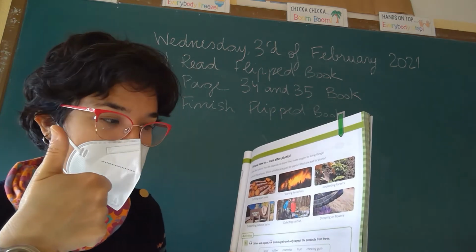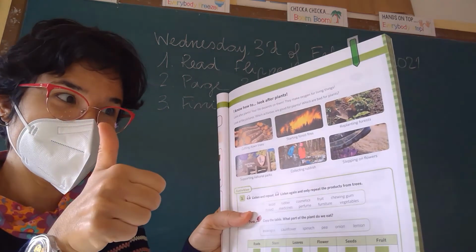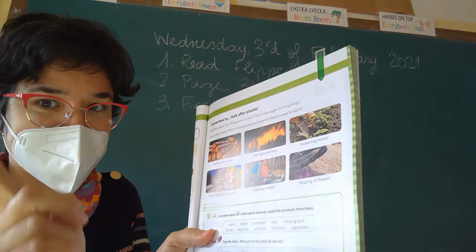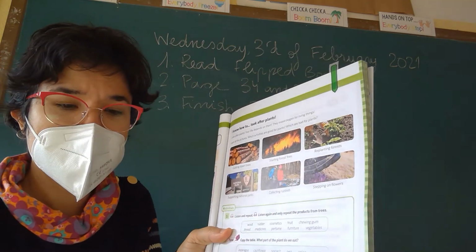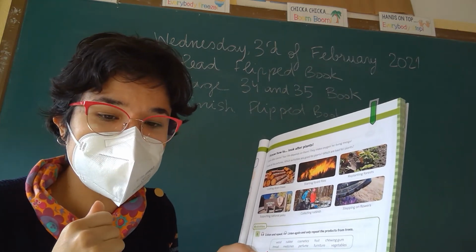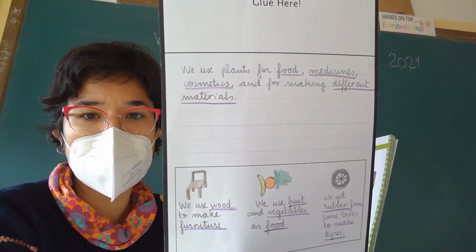Entonces, they are good. Collecting rubbish? Good. And stepping on flowers? Wrong.